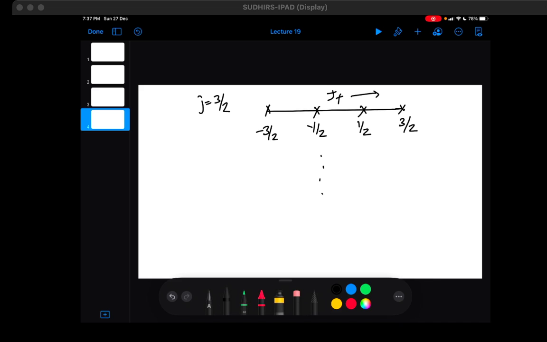So j minus would be acting in the opposite direction, reducing one point to another actually. Okay, so we can see this entire aspect of constructing these representations and the action of the raising and lowering operators directly graphically.